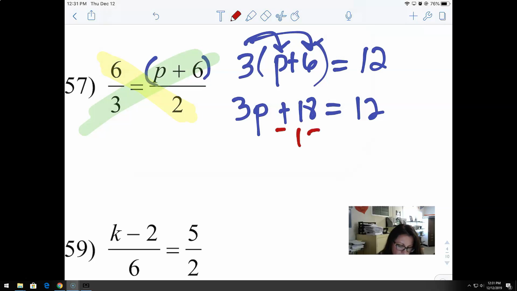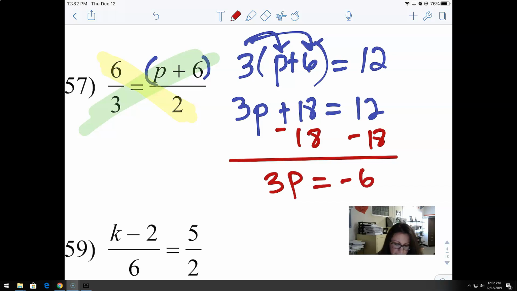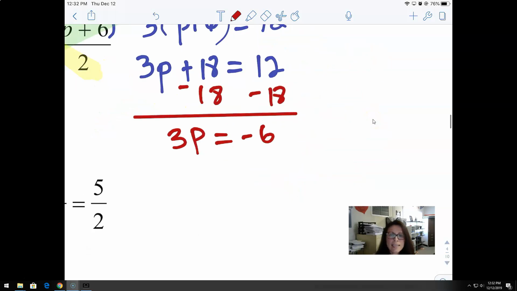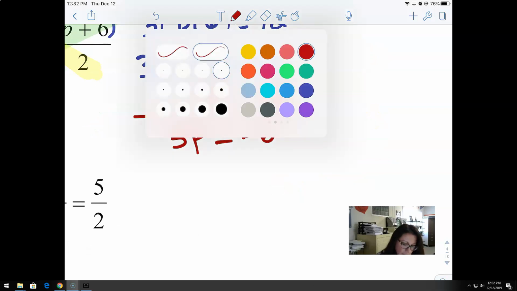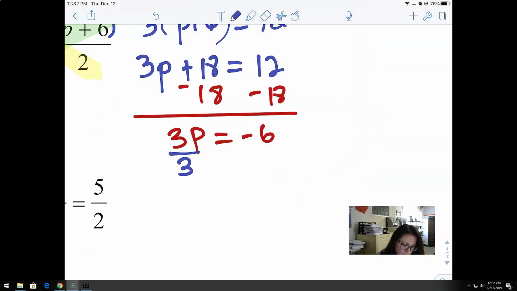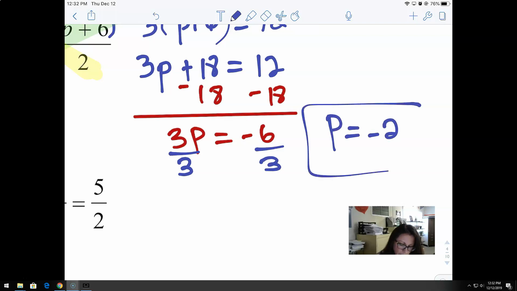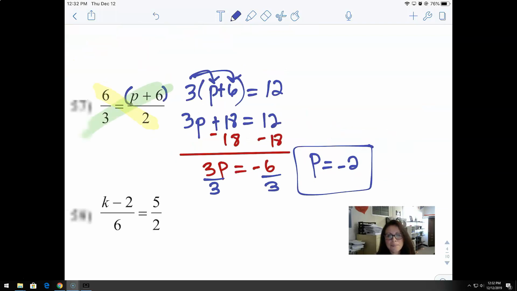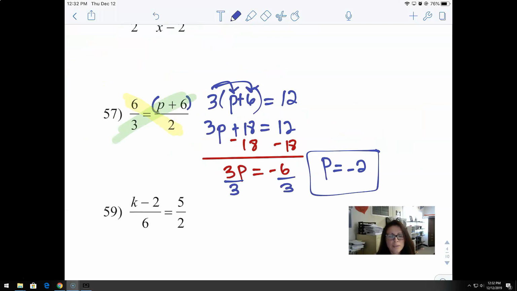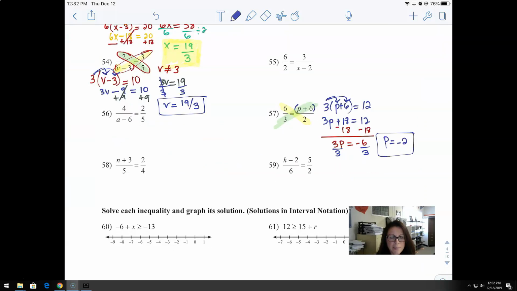So I'm going to subtract 18 from each side, and I get 3p equals negative 6. So these cancel out, bring down the 3p, bring down the equal sign. 12 minus 18 is negative 6. Now just divide by 3 on both sides to get p equals negative 2. And you're set. All right, so all of these are pretty much the same.